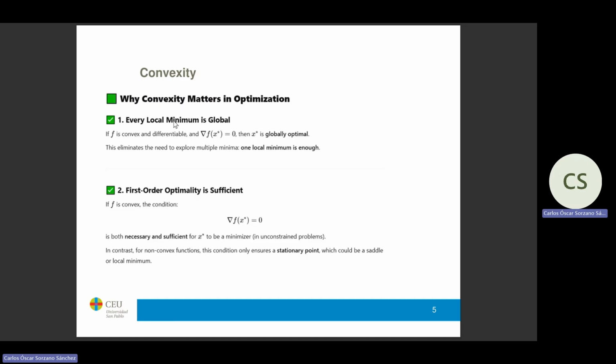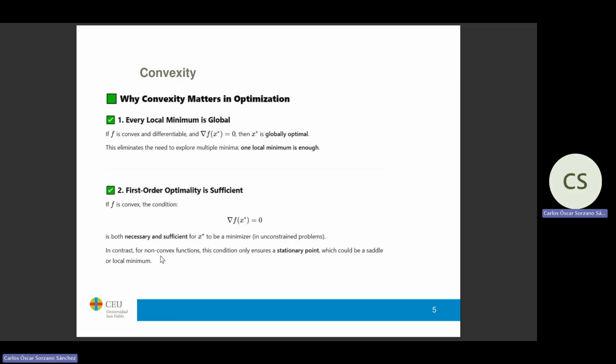So if you find x star such that the gradient is zero, then that is a minimum and cannot be a saddle point or whatever.